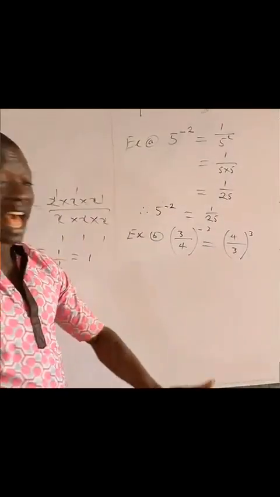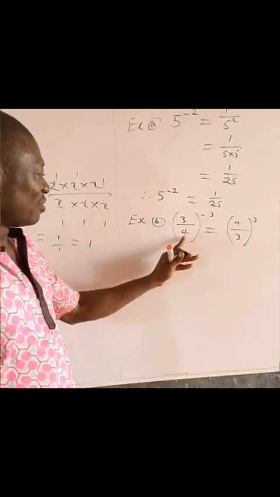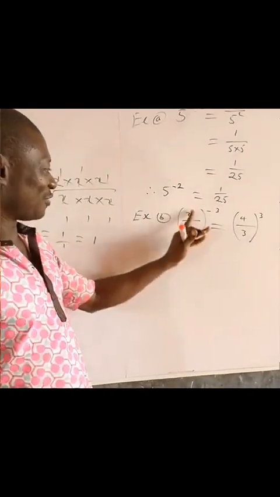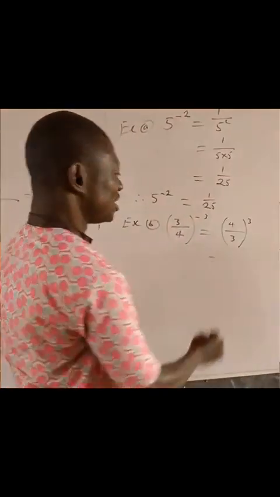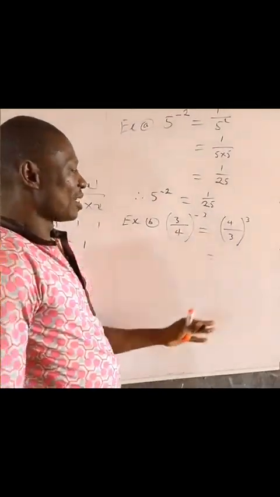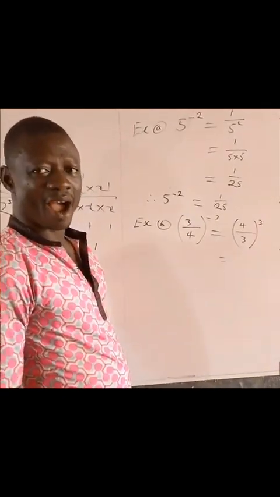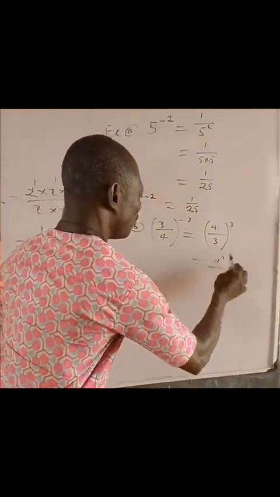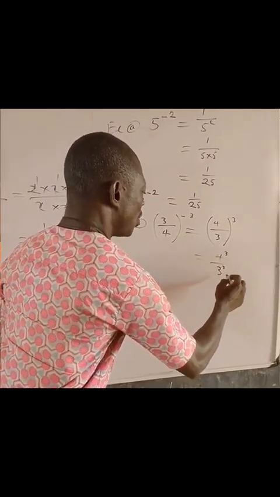The minus has now gone because we have found the reciprocal, turned the fraction upside down. And so what we're now going to have is 4 raised to power 3 all over 3 raised to power 3.